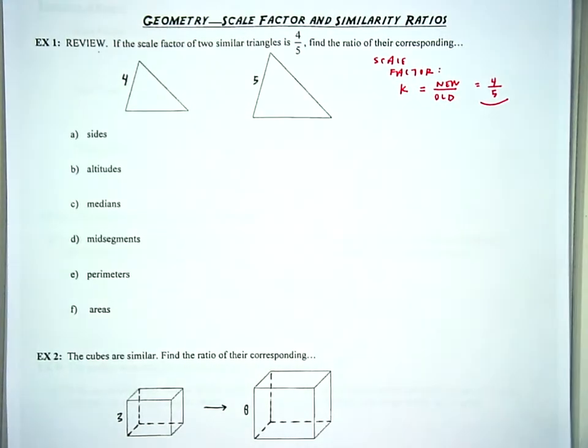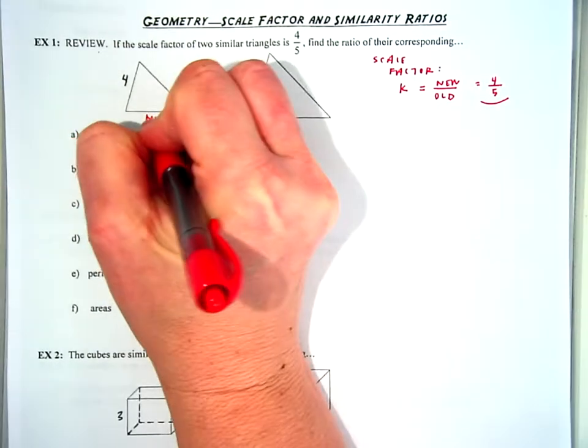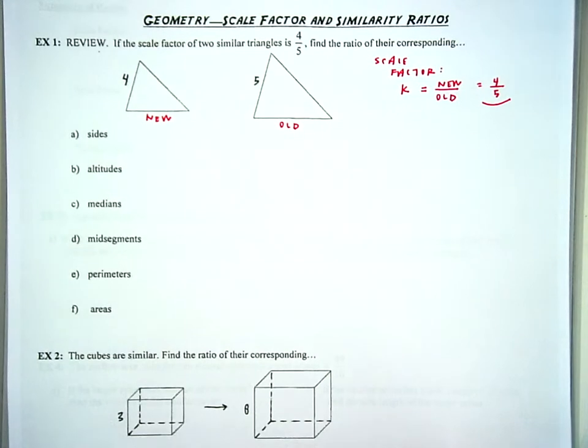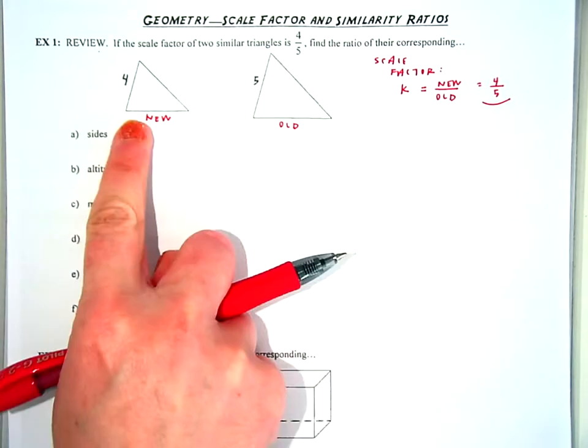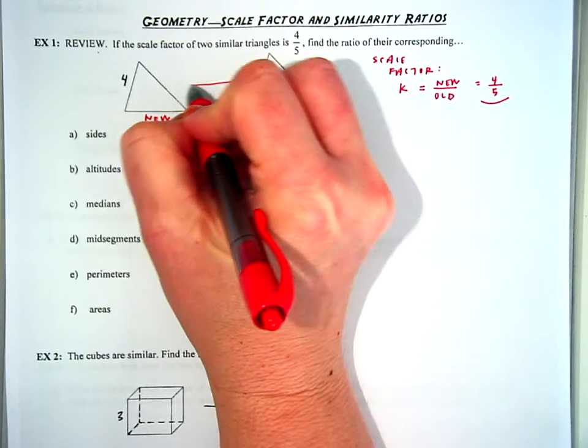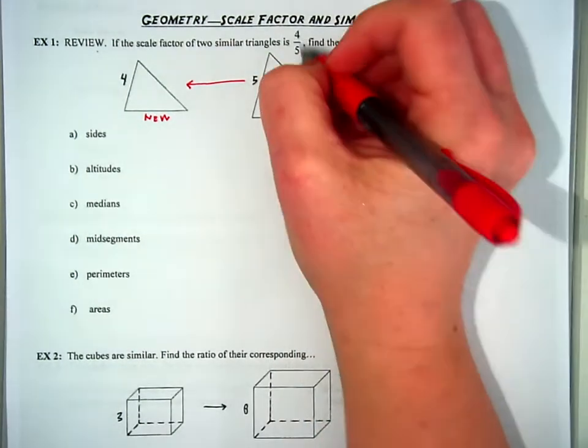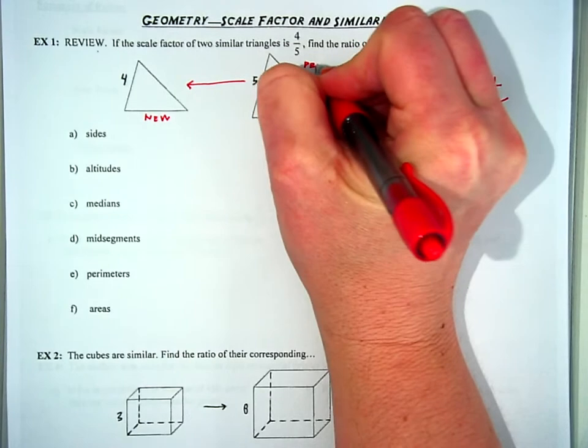So here is my new, and here is my old. So if I'm applying the multiplier on my old to get to my new, that would be my directionality of it. So the old here is my pre-image, and the new is my resulting image.